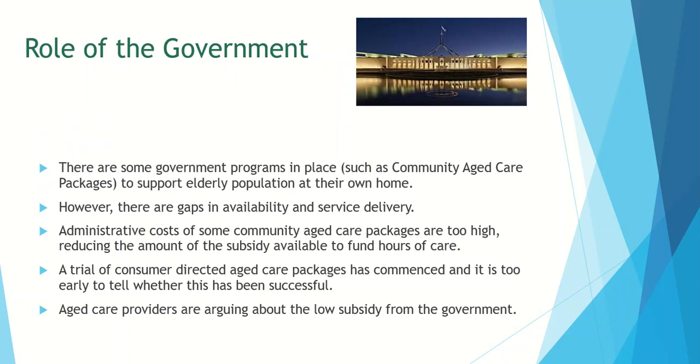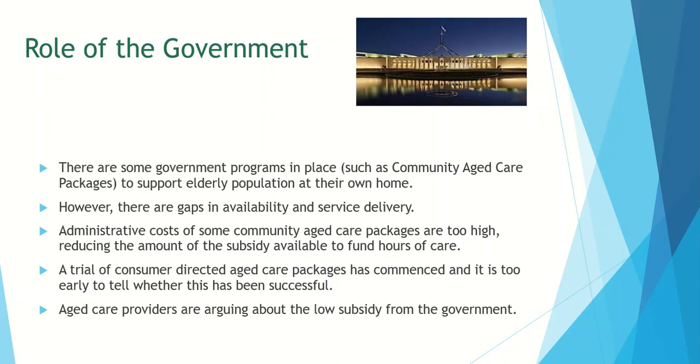Likewise, there is always a bigger role of the government in prevention and management of public health issues. There are some government programs in place, such as community aged care packages to support the elderly population at their own home, where they feel more comfortable and are cared for in their familiar environment. However, there are some gaps in availability and service delivery.